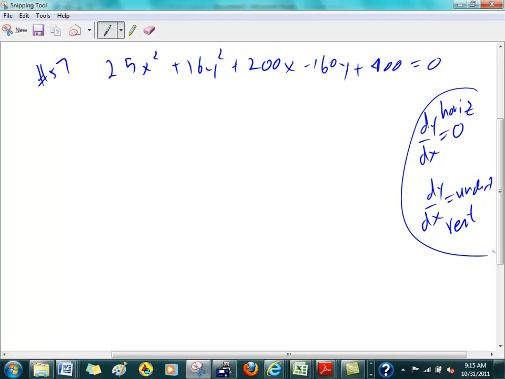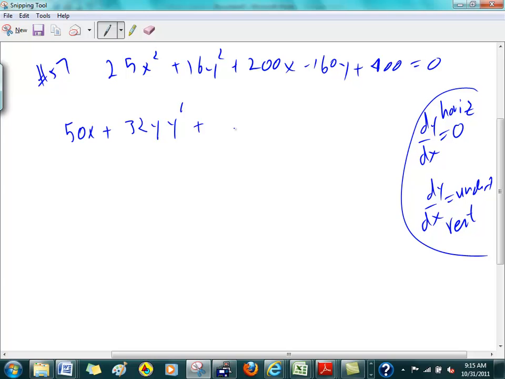What do you get when you differentiate 25x squared? 50x. Yep. And the next one? For y's, it'll be 32y times y prime.